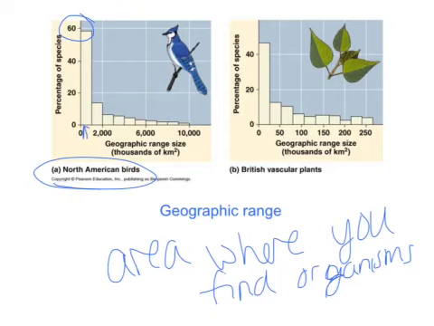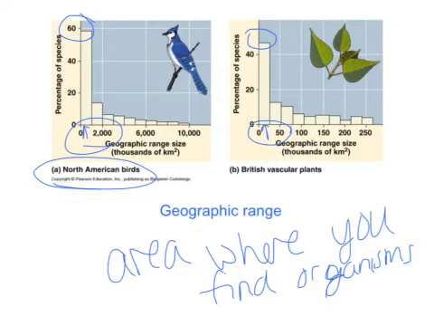Almost 45% or so of the plants have the smallest geographic range size, which makes sense if you look at the scale on the bottom: the plant range is smaller than the bird range. It is more difficult for plants to travel, so they're going to be closer together, and they're not going to have the same dispersion and range as a bird that could fly from area to area.